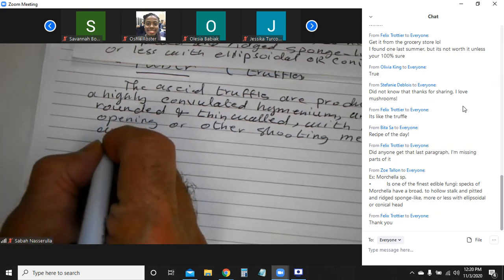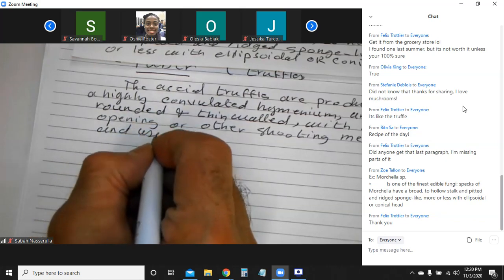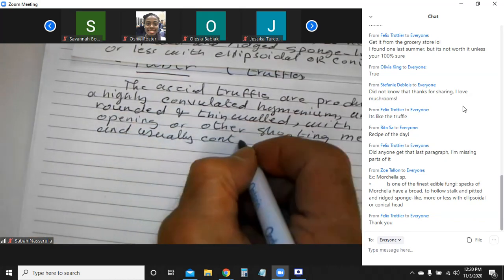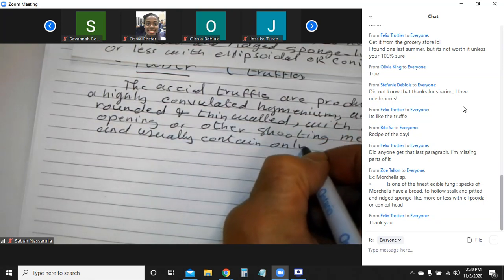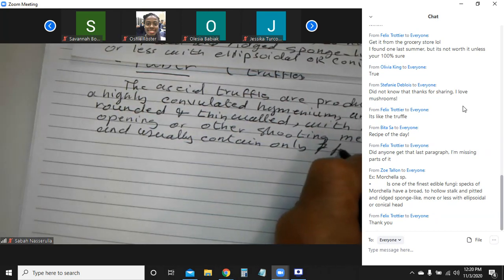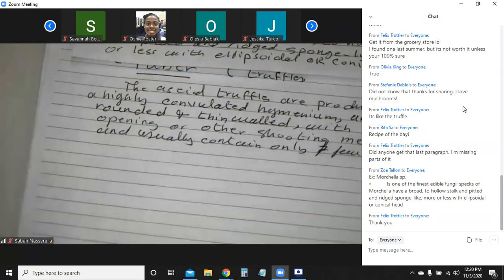And as I mentioned to you, usually they contain, as a matter of fact, only a few ascospores. Sometimes it could be 3 or less, okay?